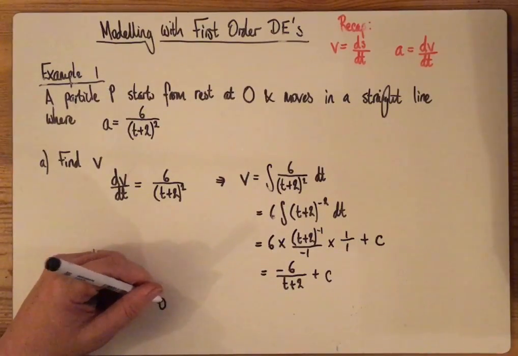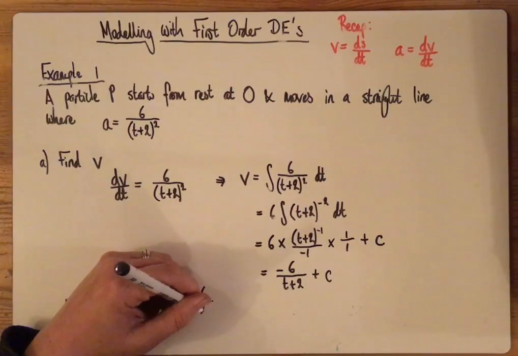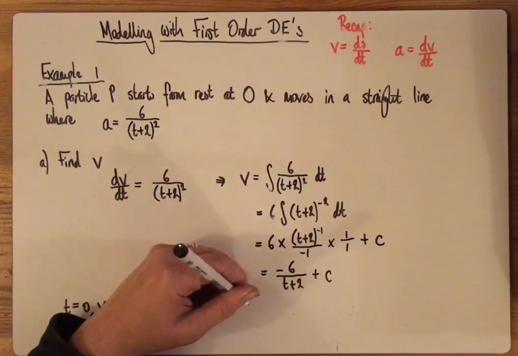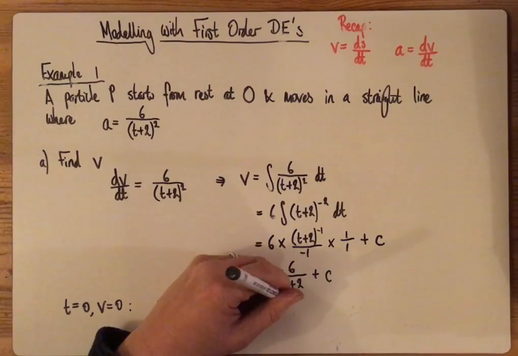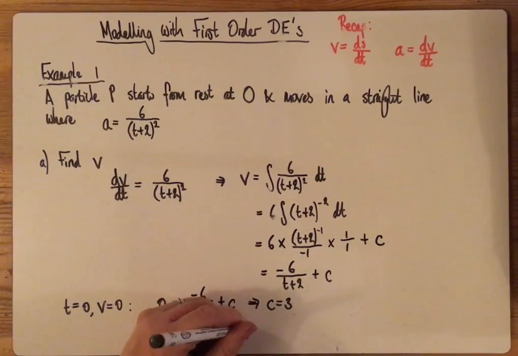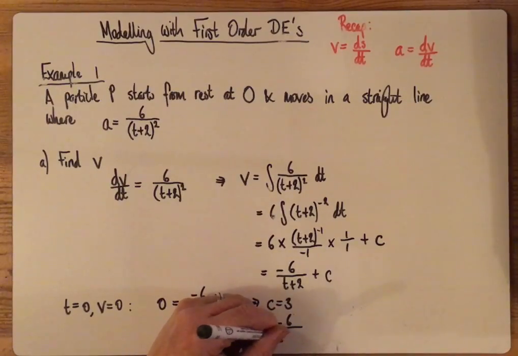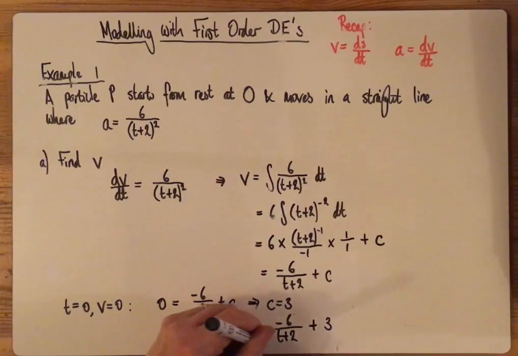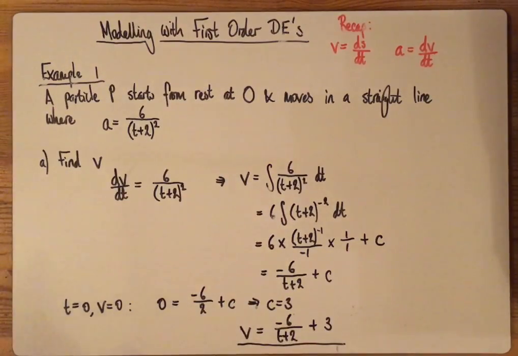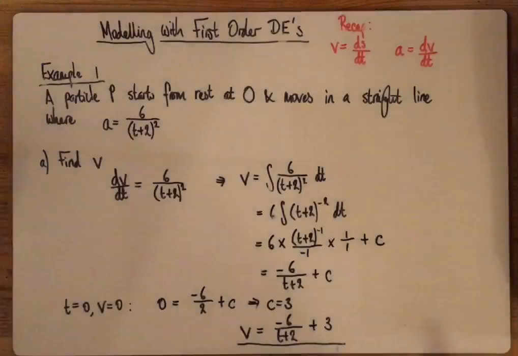So 0 is equal to minus 6 over 2 plus c, and so c is equal to 3. And therefore velocity is equal to minus 6 over (t plus 2) plus 3. There's nothing to worry about in that example really at all. It's just contextualising it a little bit. It's the sort of thing you could probably do in maths, to be honest.